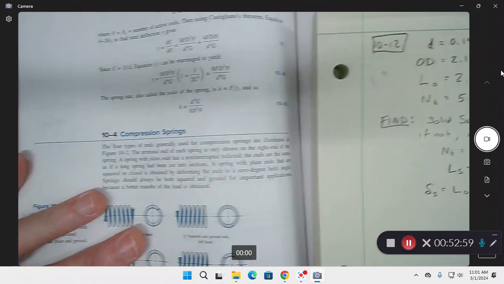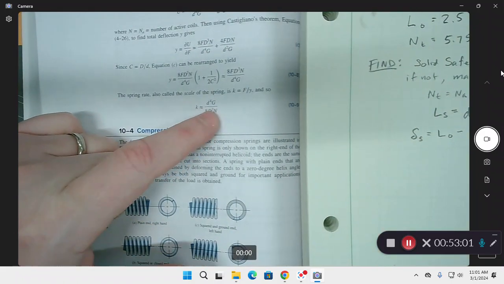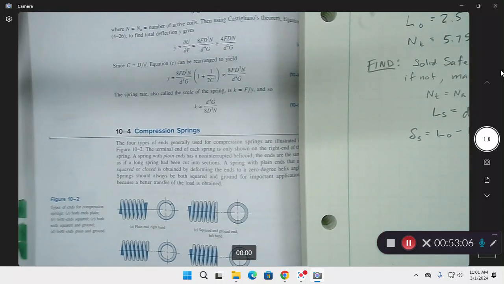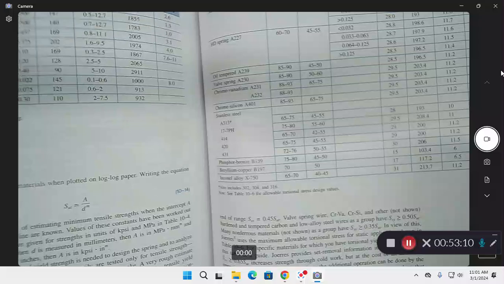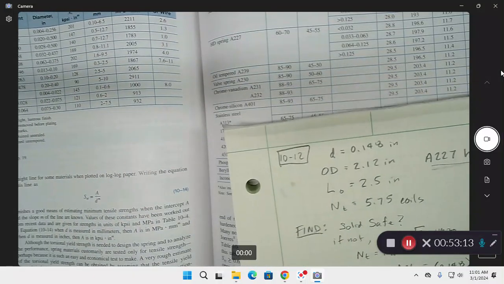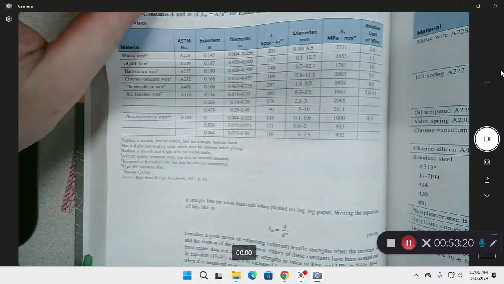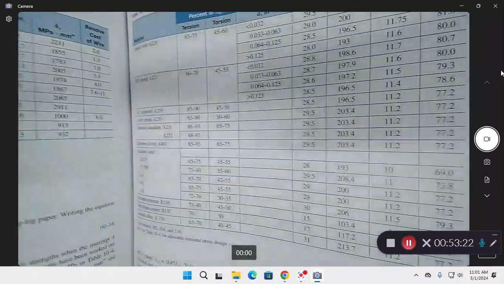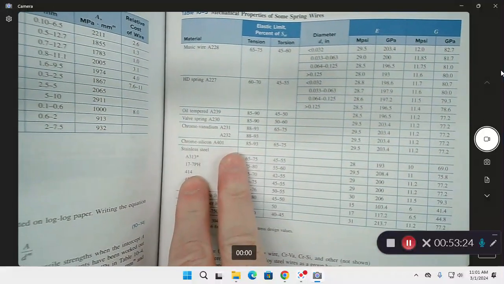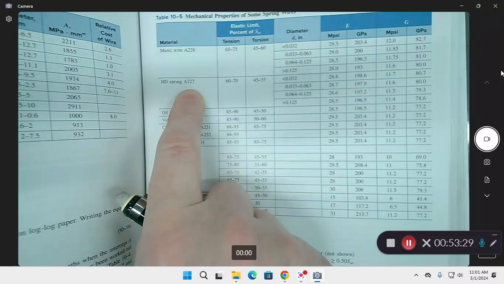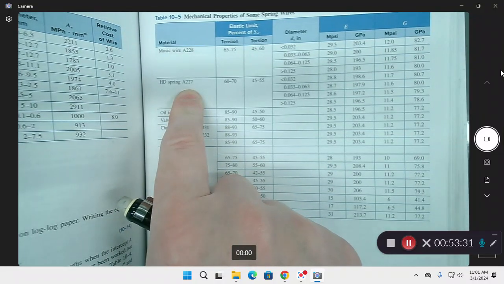Let's go. We need to get to K, but in order to get K, we need G. So let's go find G. While we're looking for materials, let's first get the G. That is A227, so we got right there, and that's hard drawn steel.